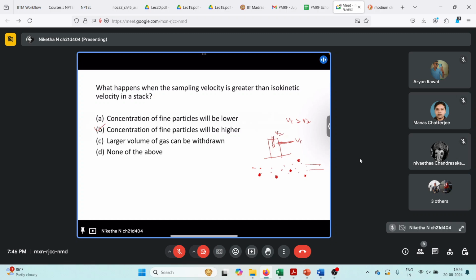So that is why when the sampling velocity is greater than the isokinetic velocity, the concentration of the fine particles will be higher.